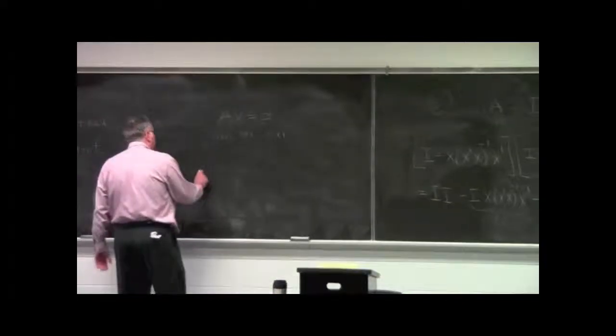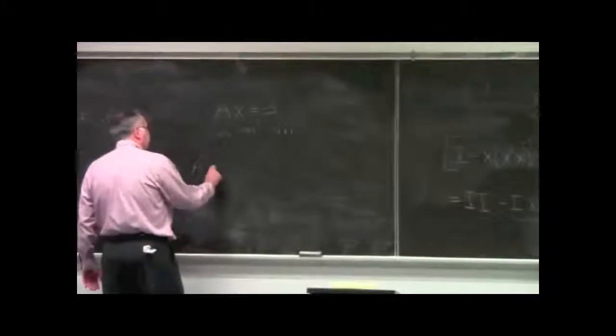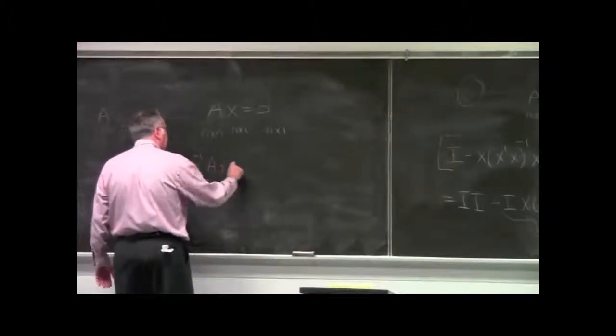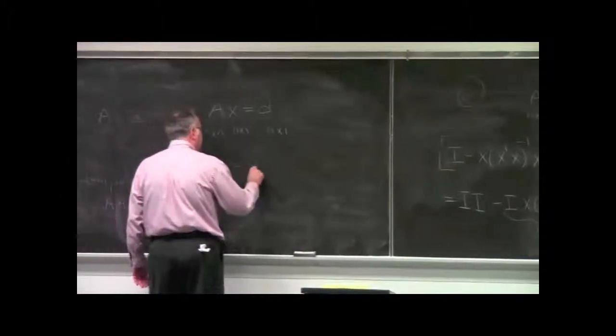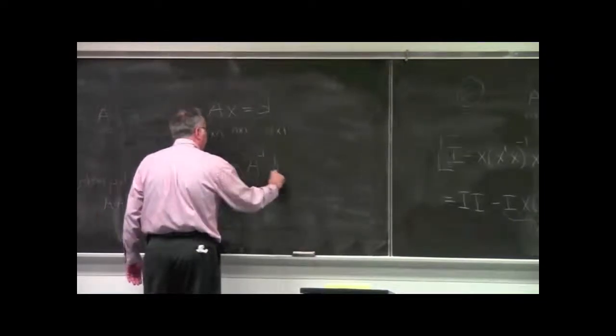Then if we could find A inverse, let's multiply both sides of this equation by A inverse and see what we get. A inverse times AX equals A inverse D. And what is A inverse A equal to? The identity.